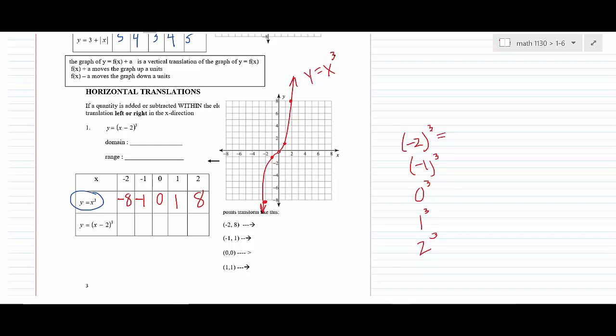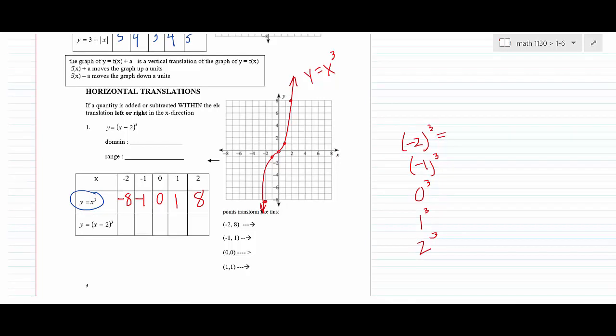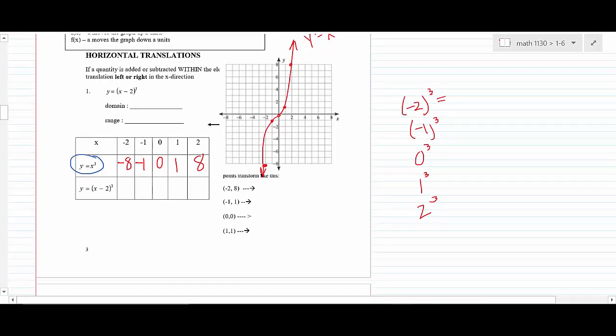Okay, now what I'm going to do on this is I'm going to show you kind of how this works, and we're going to just kind of put these numbers in as we go. So we're going to take this and plug it in to the function. You can't just do a simple calculation on this, a little bit different. Plug the negative 2 in there, so you'd have negative 2 minus 2 to the third power.